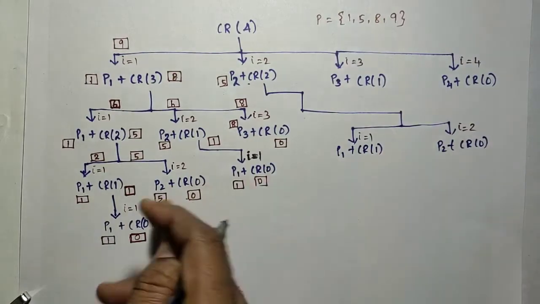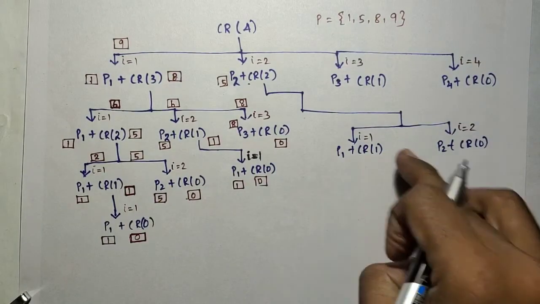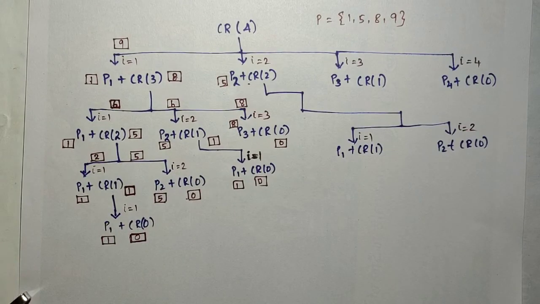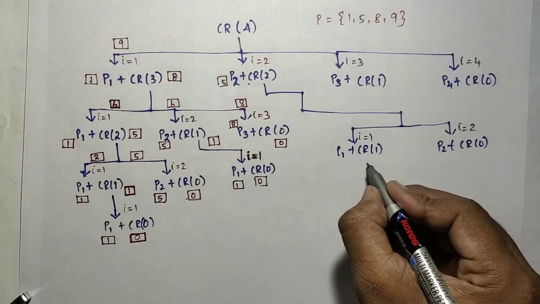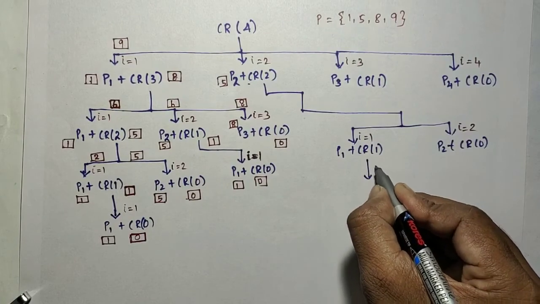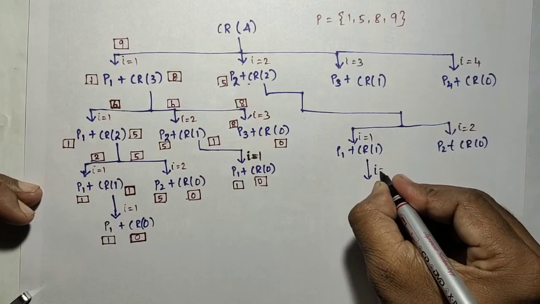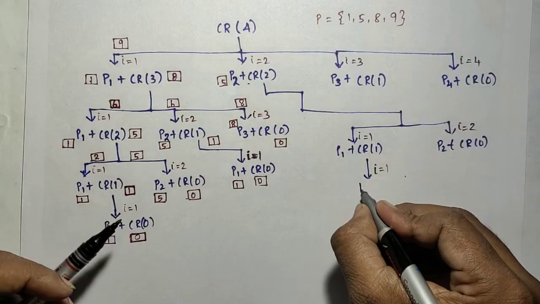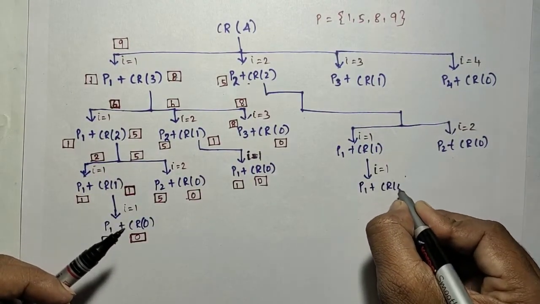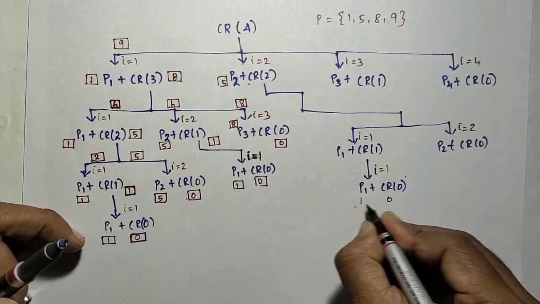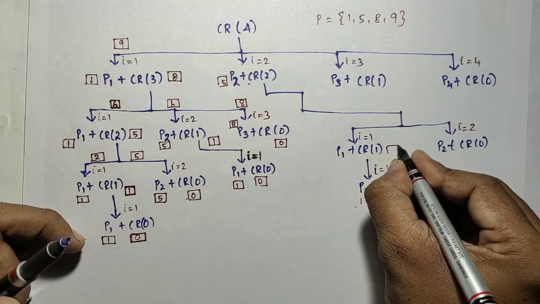Again these subproblems were already solved, yet it will make the recursive call again. These computations will be reduced in dynamic programming, but here we must do them. We go here with i equals 1. Here we get P1 plus CR of 0, so 1 plus 0 is 1.